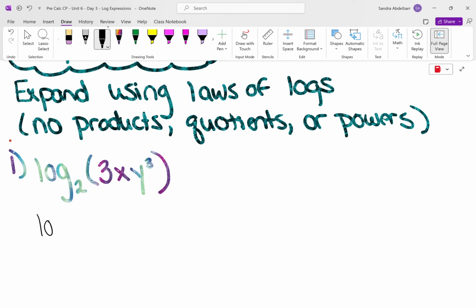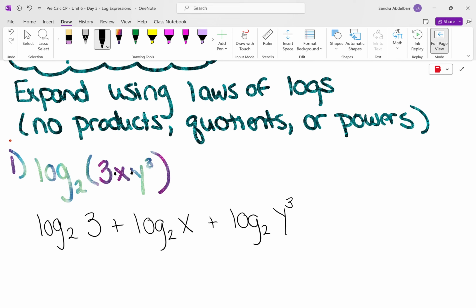Okay, I know. All right, I'm going back to black. Log base 2 of 3 plus, right? Isn't there multiplication between all of these? Log base 2 of x plus log base 2 of y cubed. But I'm not done. Remember what I said. No products, quotients, or powers.